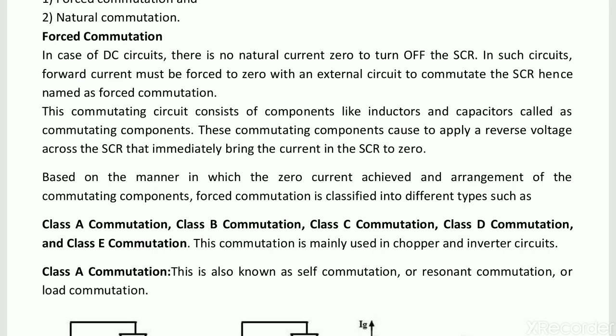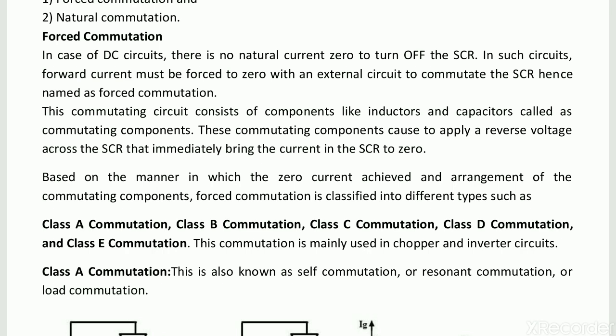Please remember the differences. There are a total of five types in force commutation: class A, class B, class C, class D and class E. We are studying the first, class A commutation, which has three other names: self commutation, resonant commutation and load commutation.